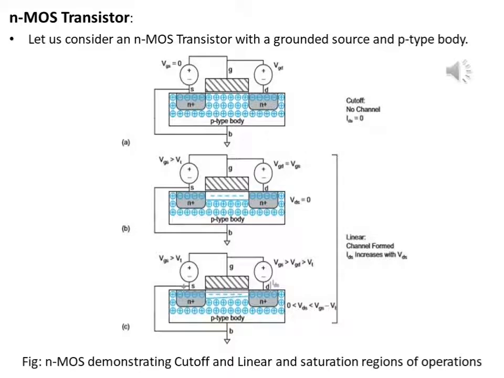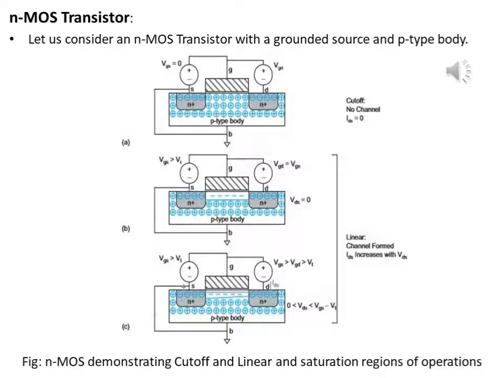Zero biased, or in other words we can call that reverse biased. As it is reverse biased, we know no current flows in reverse bias conditions. So here also no current flows between the source and the drain.